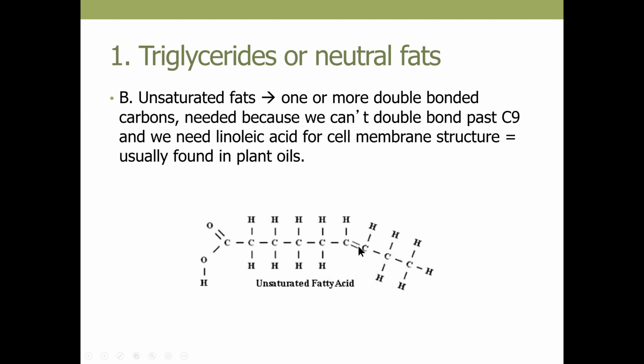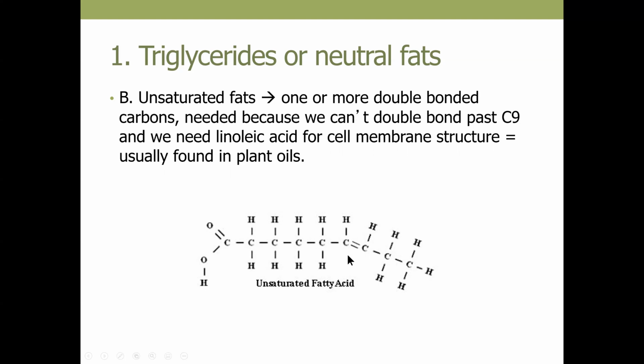With unsaturated fats, you have a carbon-carbon double bond. This double bond results in a kink in the molecule. So rather than having that nice linear molecule that you put one on top of the other, like a page of a novel or a page in a textbook, this has a kink in it. You try to lay the next one on there and it doesn't fit perfectly, so you have fewer of these per space.